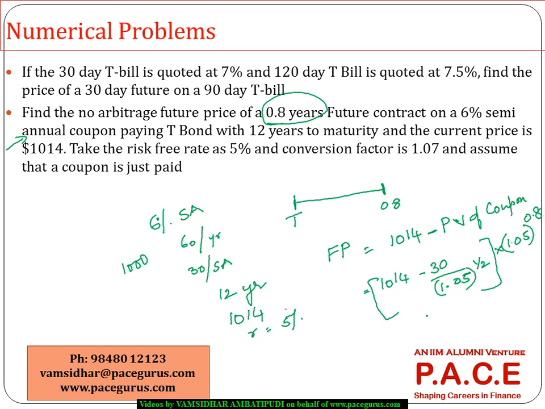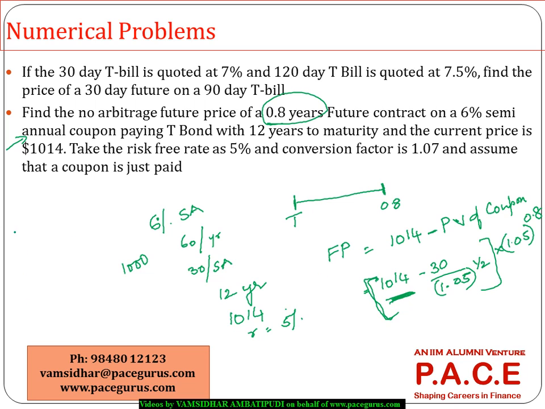Now from a seller standpoint, let's look at this. How am I computing the futures price here? What are the inputs? The current price of the bond, 1014. 30 is the coupon that it is paying every period. That's it. Only these are the information that go into the pricing of the futures contract.